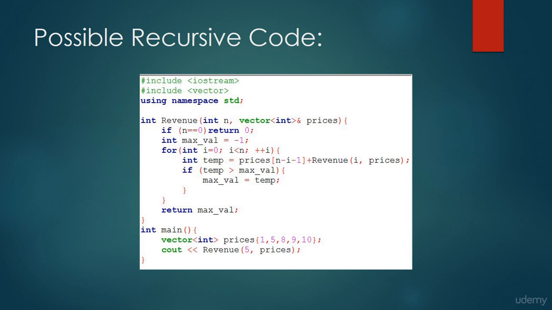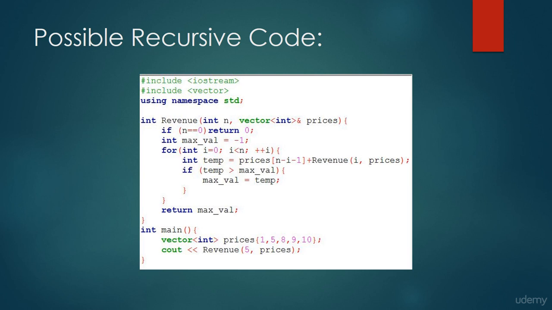And then I asked, what is the optimum revenue if I want to sell a rod of length 5? It turns out the answer was 13, because you can break the rod into 2 pieces, 2 and 3, and sell the 2 for 5 and the 3 for 8, and that gives you a profit of 13, which is more than any other combination you could have chosen.